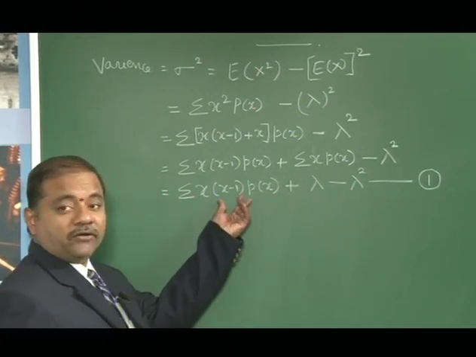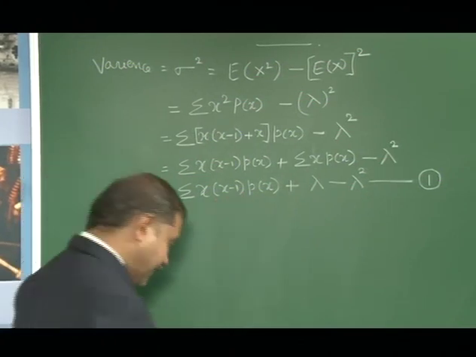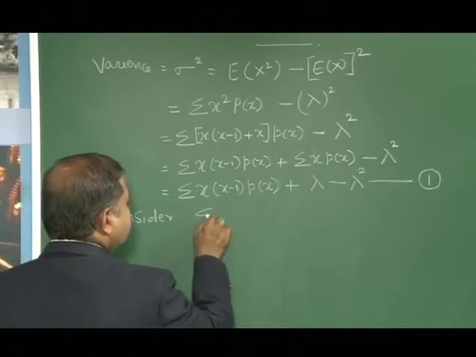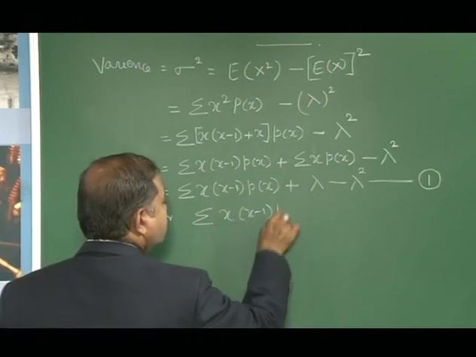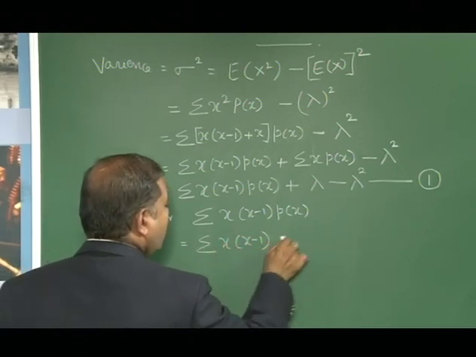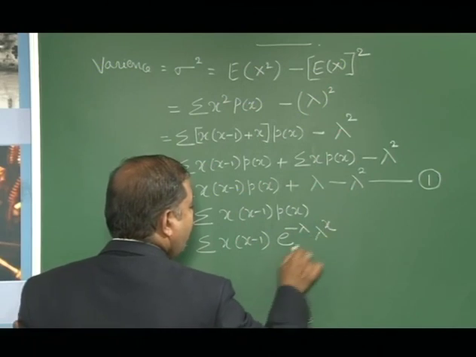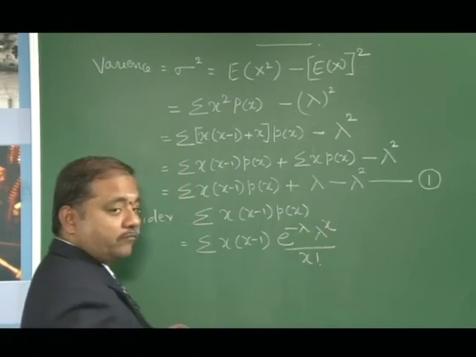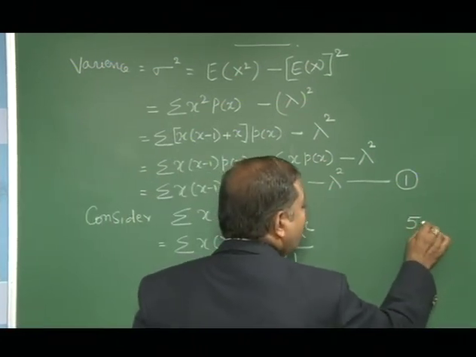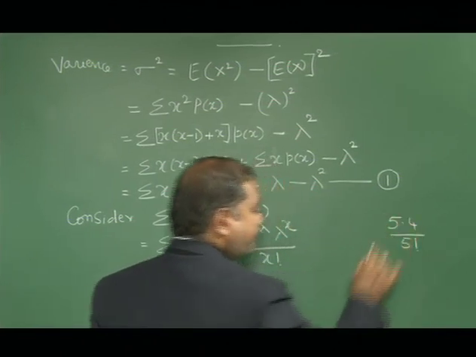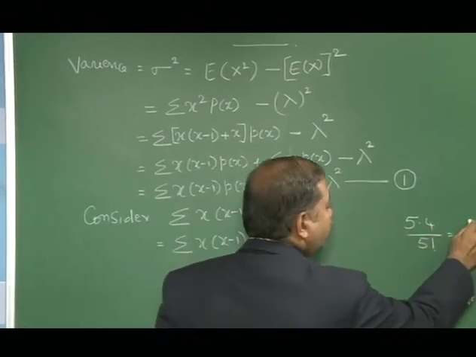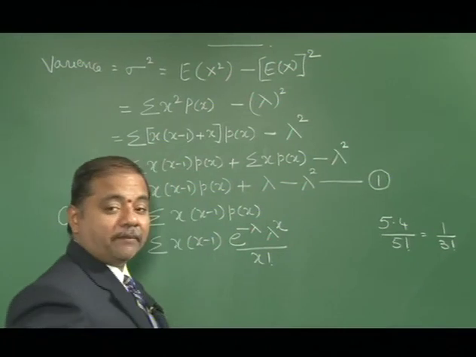Now I want to simplify only this. I will take that one. Consider summation x into x minus 1 p of x, summation x into x minus 1 e power minus lambda, lambda power x by x factorial. Here two terms. Again, if I have 5 into 4 by 5 factorial, I have two terms. So 5 into 4 by 5 factorial will be 1 by 3 factorial, two numbers less.